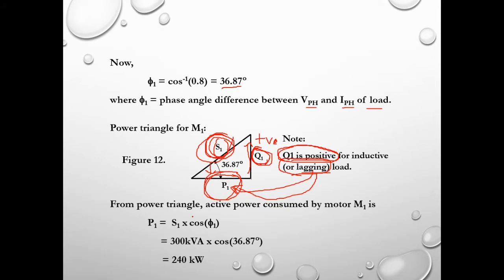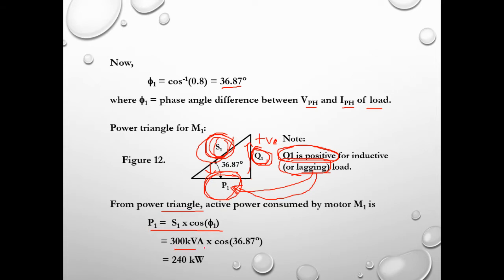From the power triangle, the active power consumed by motor 1 comes from the trigonometry relationship. So we are able to come out with this equation: P1 equal to S1 cos theta 1. S1 is provided in the question.